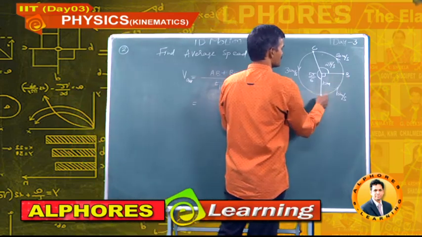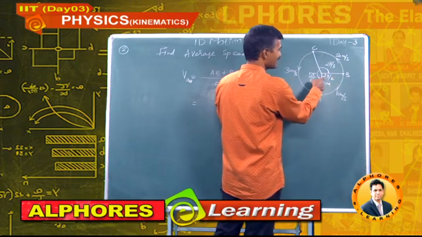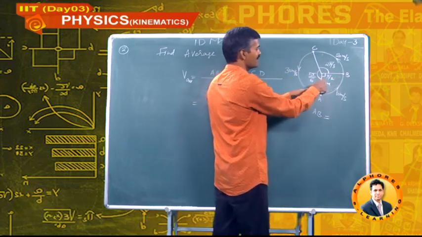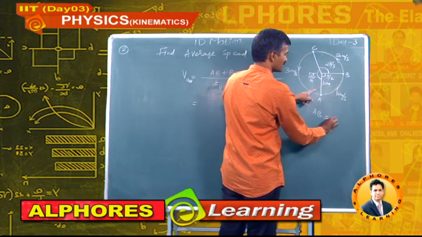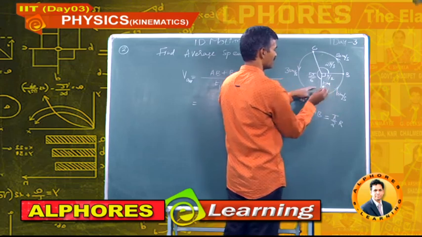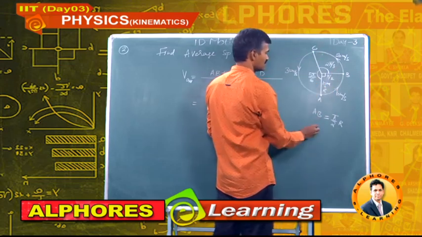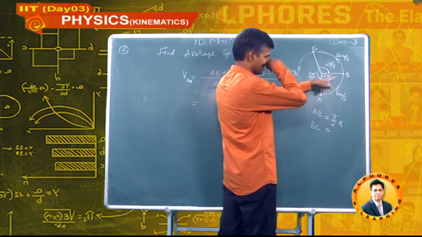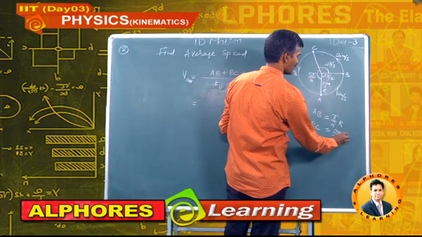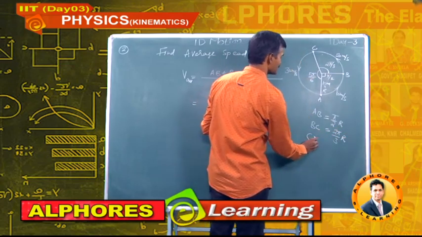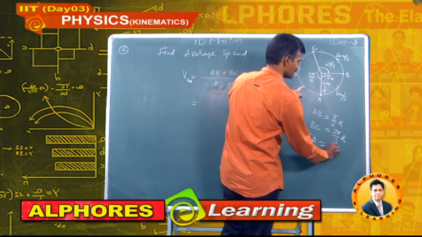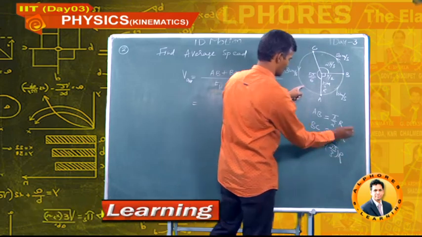What is AB? This angle is pi by 2 in radians. So, I can calculate AB as L equal to r theta, that is pi by 2 into radius r. This r is 10 meters, as given. BC is 2 pi by 3 into r, and CA is 5 pi by 3 into r.